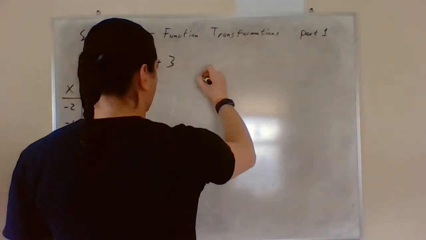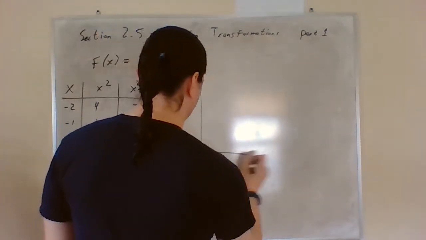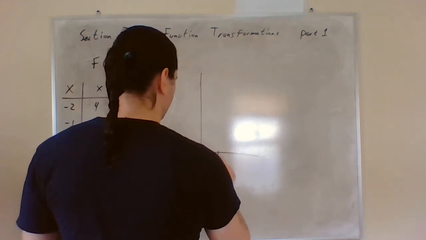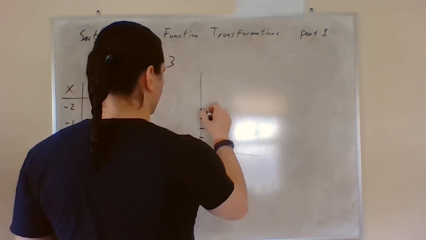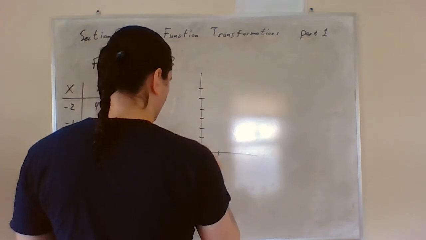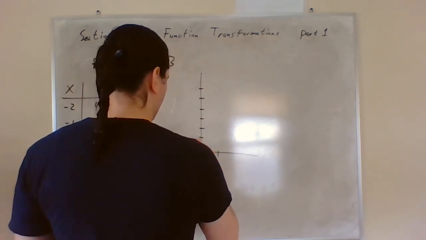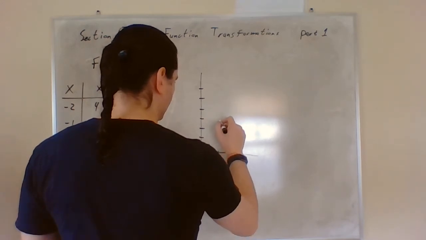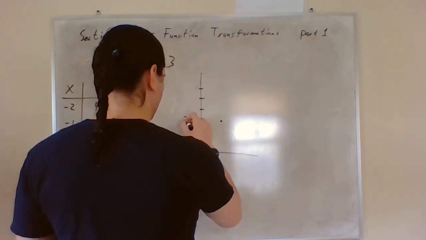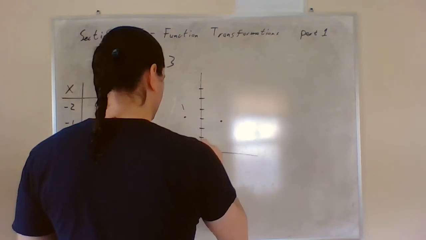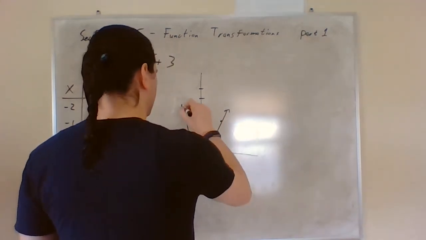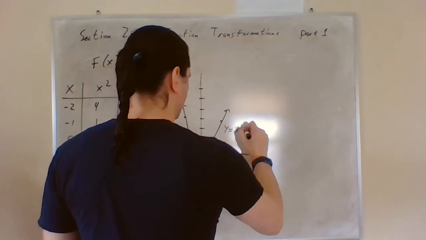So when I draw this graph, the original base function is still here. This is still the base function, y equals x squared.